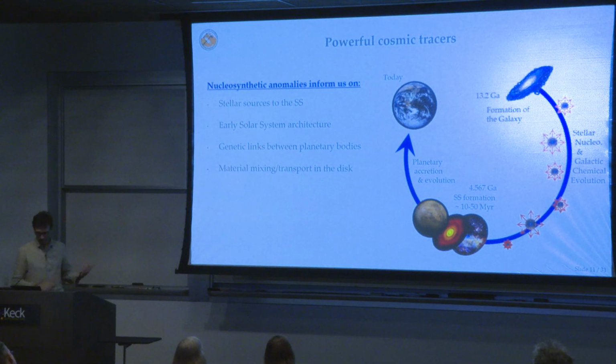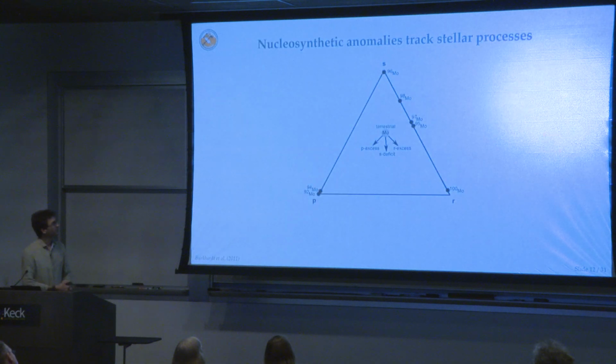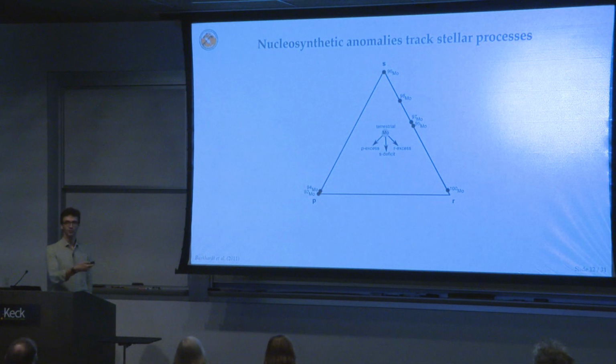Let's look at the first point, the stellar sources to the solar system. So I'm taking here molybdenum as an example. This is a ternary diagram between the S process, the slow neutron capture process, the R process, the rapid neutron capture process, and the P process. So 92 and 94, they're P process isotopes. 100 molybdenum is an R process isotope, and these are created by a mixture of S and R in the solar system.